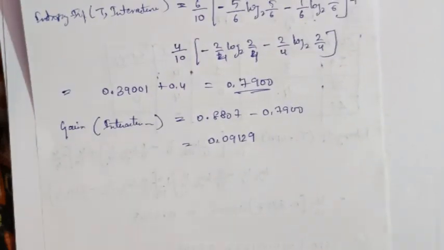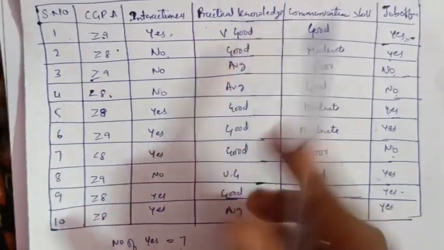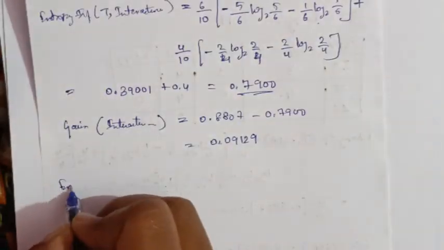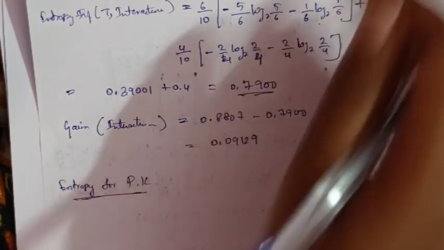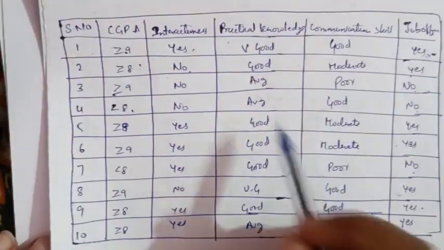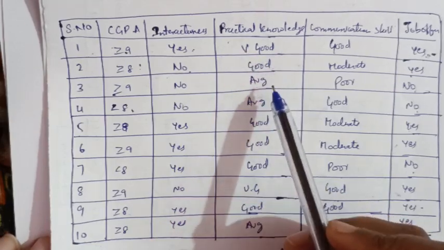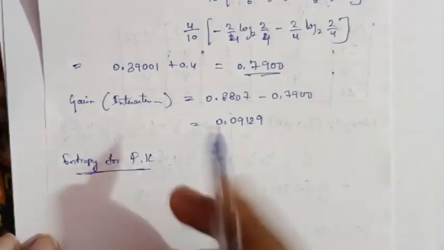Now the third attribute is practical knowledge. In this we have 3 types of instances: very good, good and average. For these 3 we have to form the table.